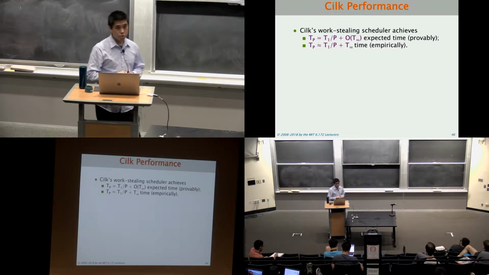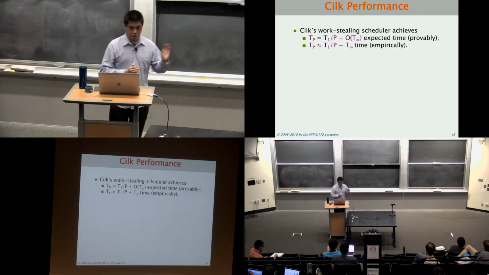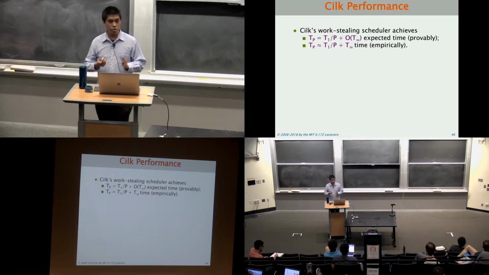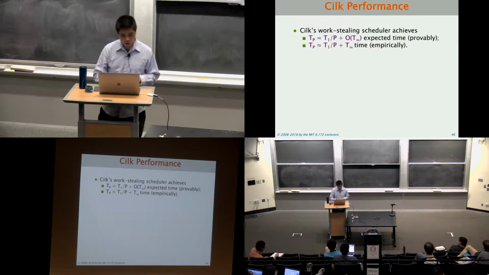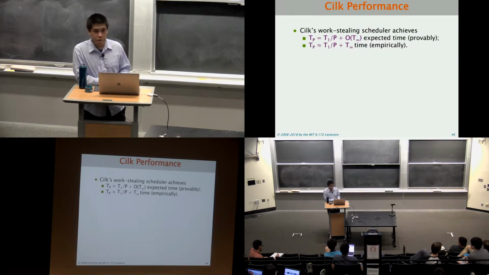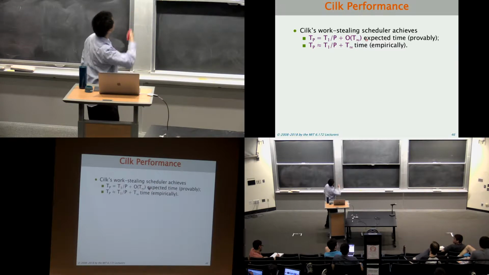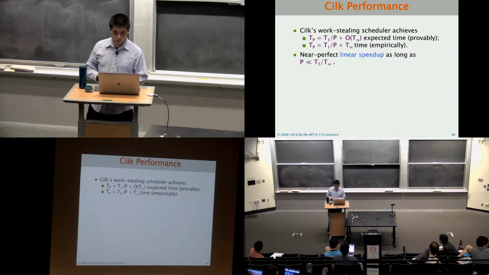So you can prove this using random variables and tail bounds of distribution. Charles Leiserson has a paper that talks about how to prove this. And empirically, we usually see that TP is more like T1 over P plus T infinity. So we usually don't see any big constant in front of the T infinity term in practice.